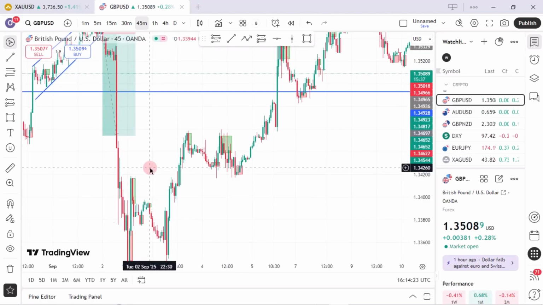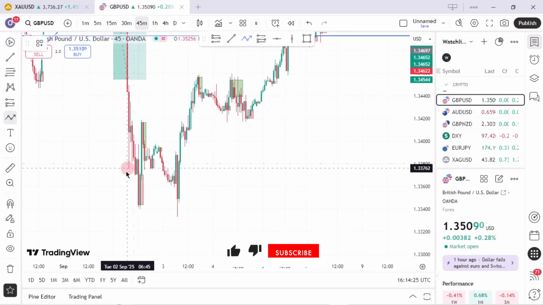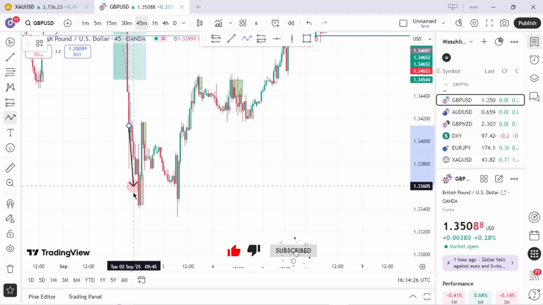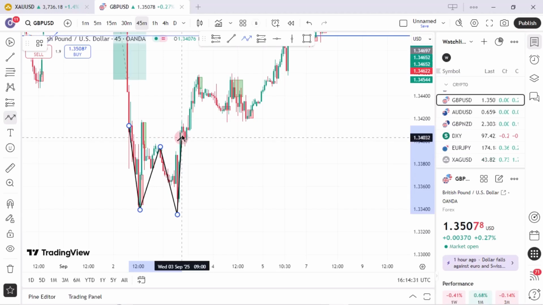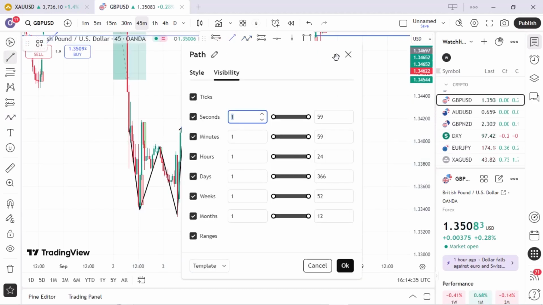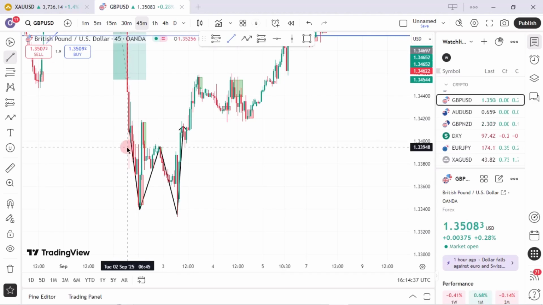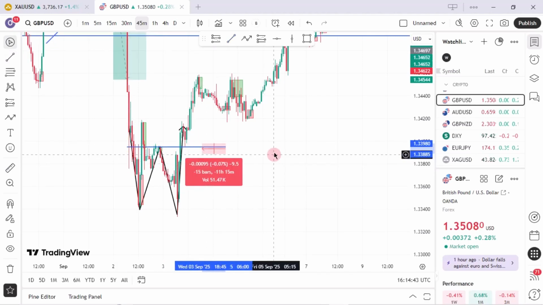Another thing is formed here. I told you guys previously in one of my videos that when you see the M pattern being formed here, it means that there's going to be what? A reversal. So you see the M pattern being formed here, and when it breaks the neck, then you can see that it's going to reverse, right?